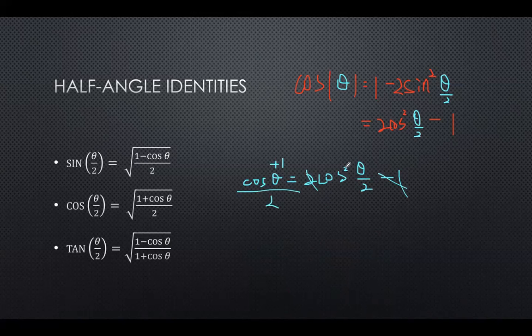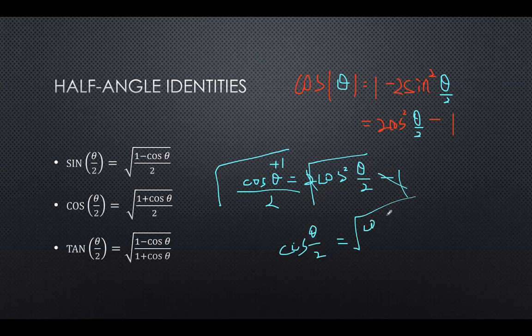Now you have the square, so you square root both sides. So now you have cosine of theta over 2 is equal to square root of cosine theta plus 1 divided by 2.